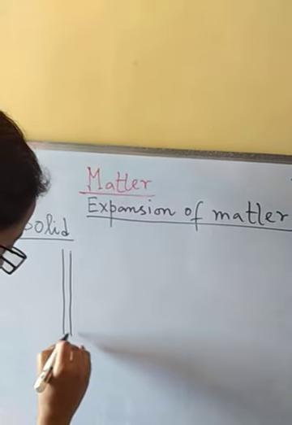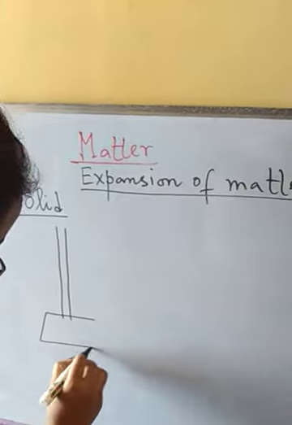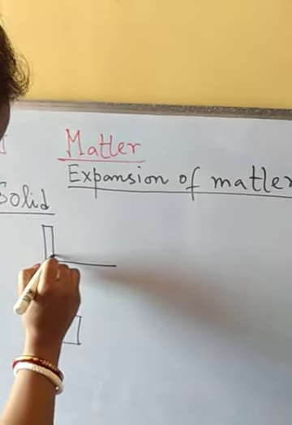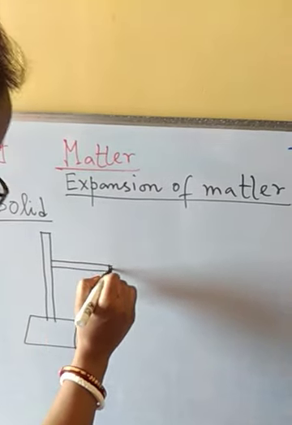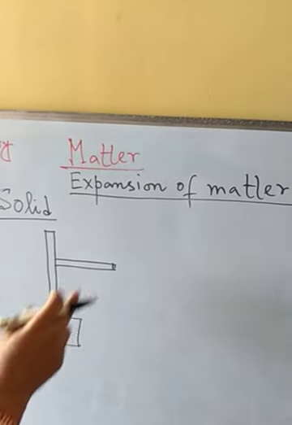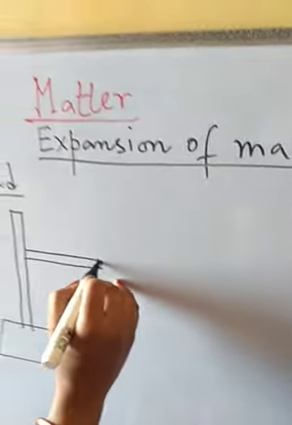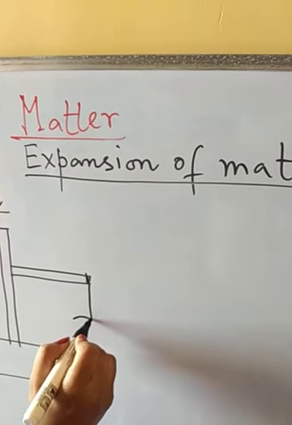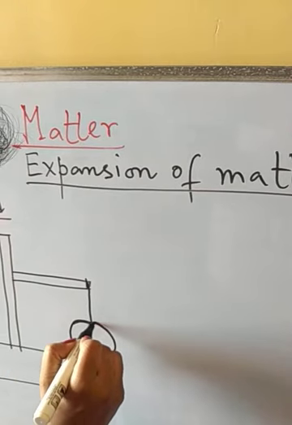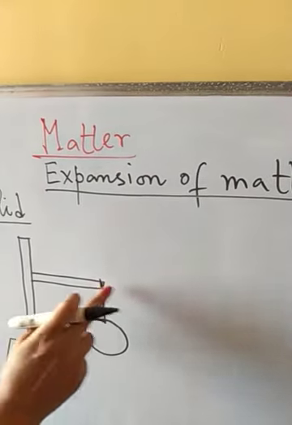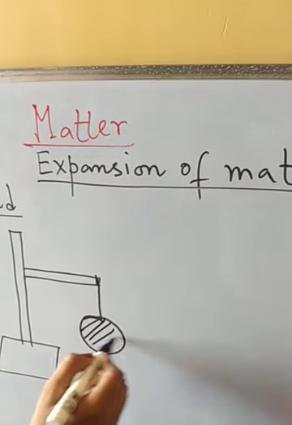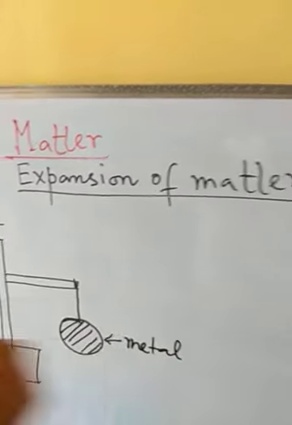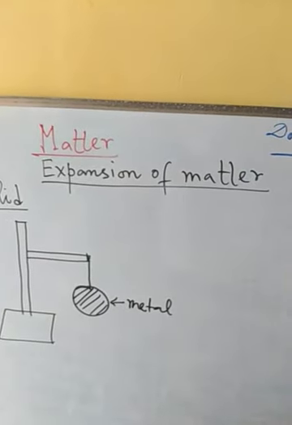This we can get in our lab. To keep any substance fixed at its place, we generally use this. Through a clamp we will be hanging a sphere. This is made up of any metal. This is a metal sphere. Suppose it may be of iron or any other metal.